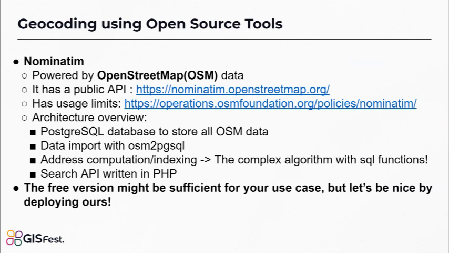We want to build something like I just described earlier using open source tools. One of the tools that has done the heavy lifting of this system and algorithm for us is Nominatim, which is powered by OpenStreetMap data. I mentioned that before you do geocoding, you need a database filled with addresses and information.